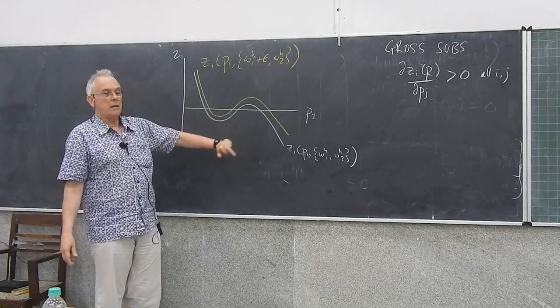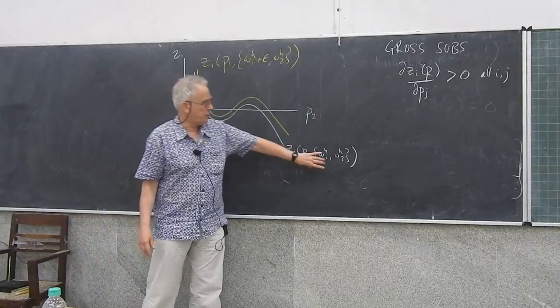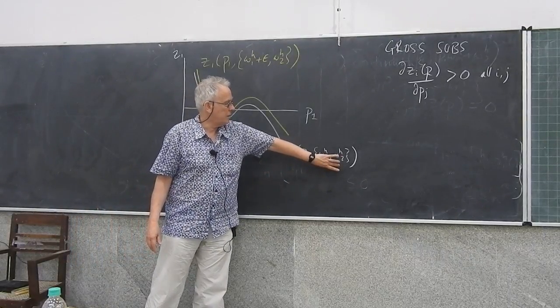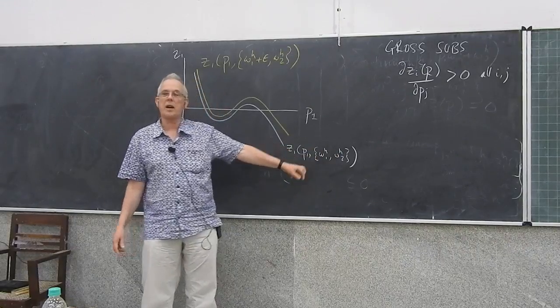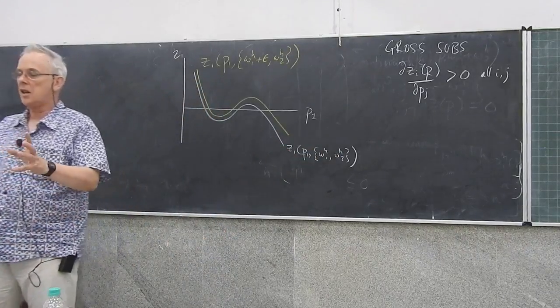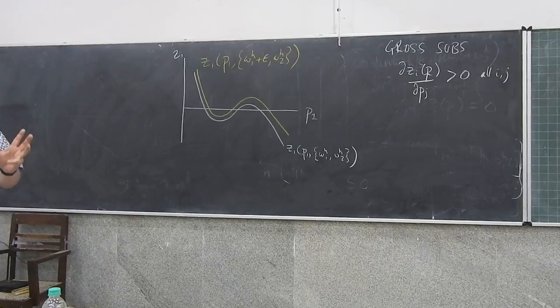So I've got my usual two-good example. The white excess demand function is for some given property distribution. The thing in curly brackets is to be interpreted as it says: for each individual in the economy, what quantities do they have of goods 1 and 2 as their endowment?